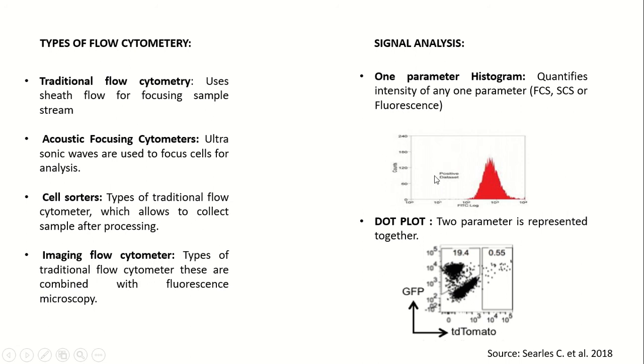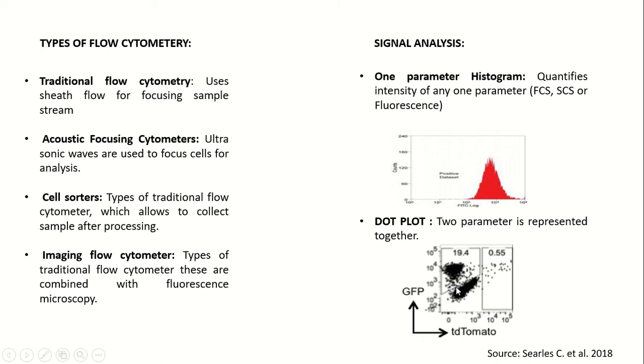If we plot any one of these, like here the fluorescence intensity, versus the counts, meaning the number of cells or the number of times that event occurs, then this is known as a one-parameter histogram presentation.